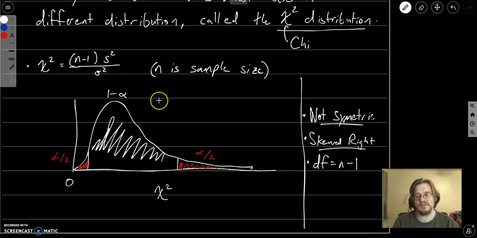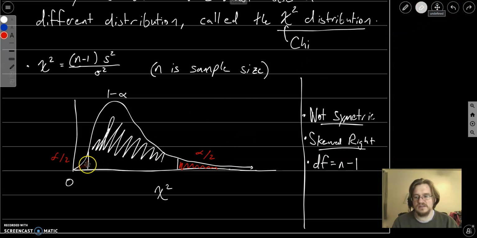Sigma is the population standard deviation, so sigma squared is the population variance. This is a fixed number, so that doesn't change. And also, once we pick a sample size, n doesn't change. The sample that we pick could change S. So S is the only thing that's a variable in here. So chi-squared is going to depend on S squared.